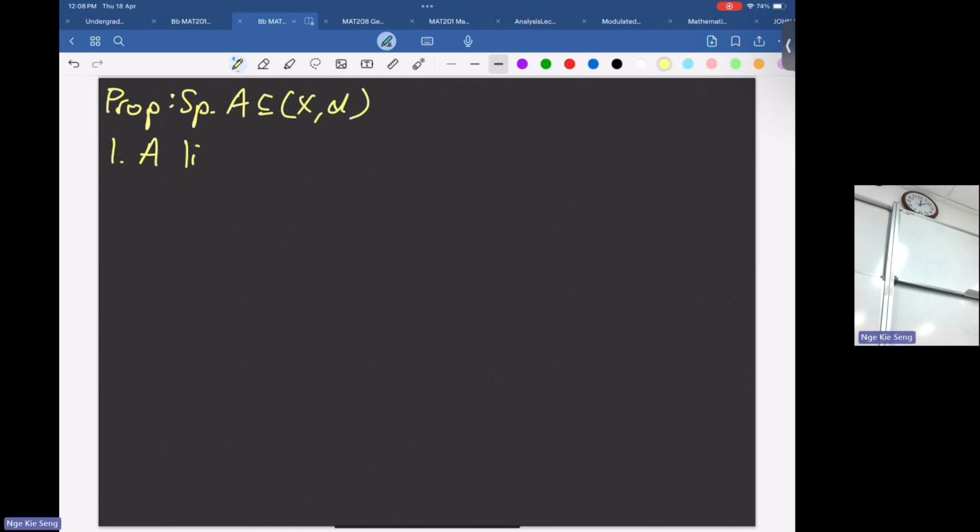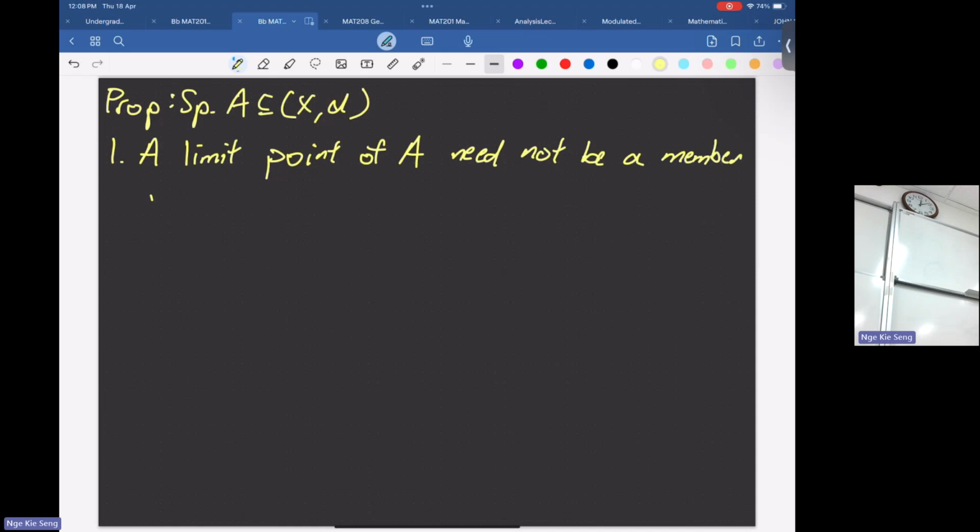One important thing: a limit point of A need not be a member of A. You can converge to something, but that thing might not be inside your set. Make sense? Can you give one example?